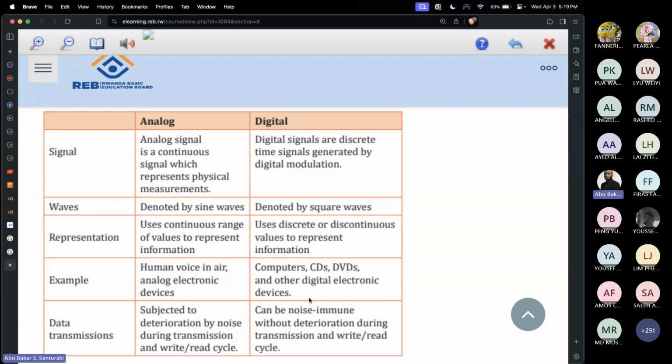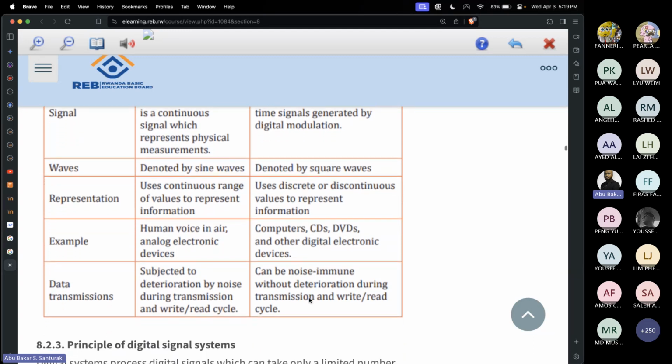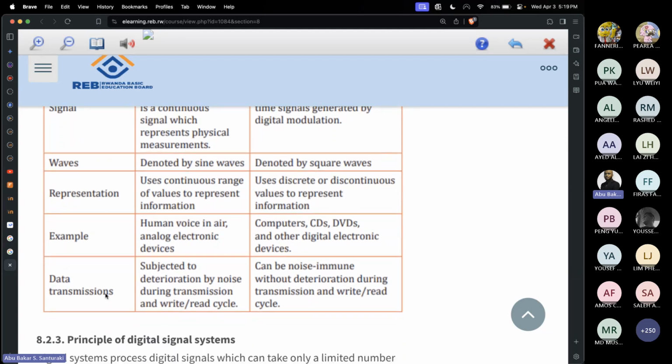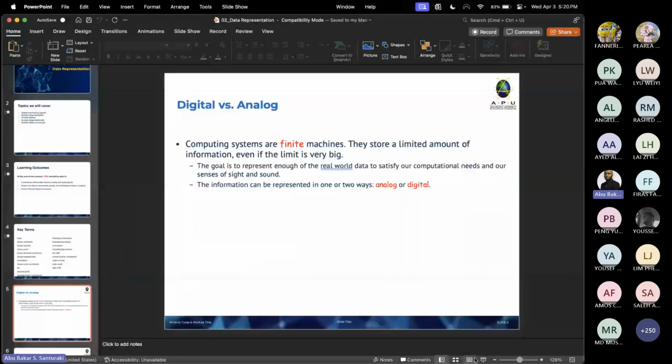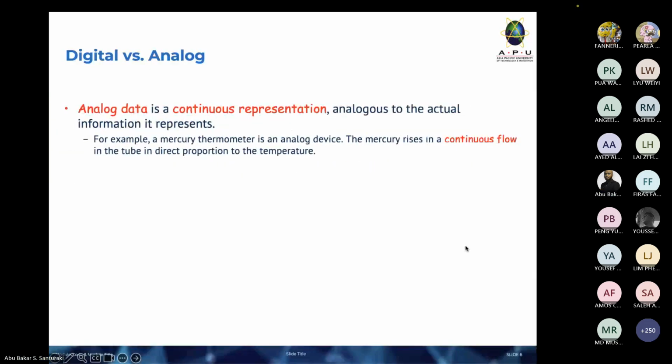So 5 to 10 volts will be 0 and 15 to 20 volts can be 1. Now, here's the more interesting thing. For data transmission, when we're using analog signals, we can get a lot of noise. A digital system is much better and much more immune to noise. Let's head back to the slides and carry on.